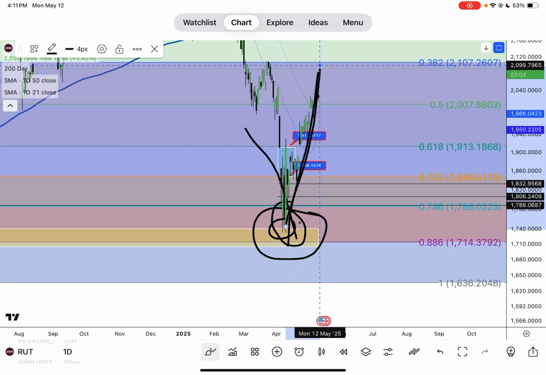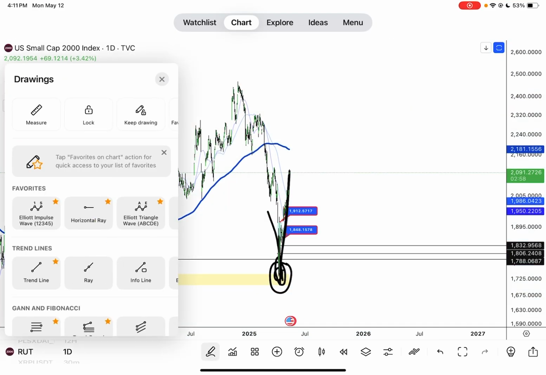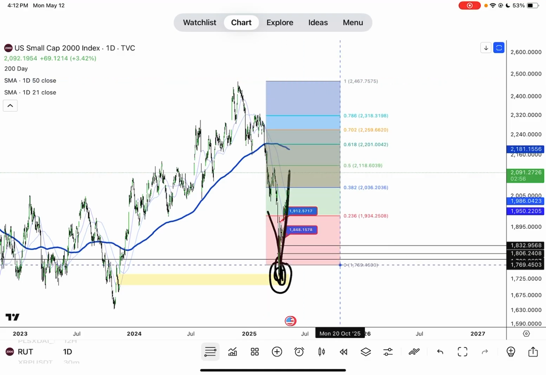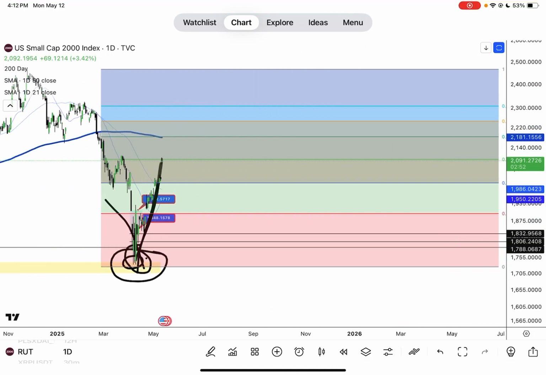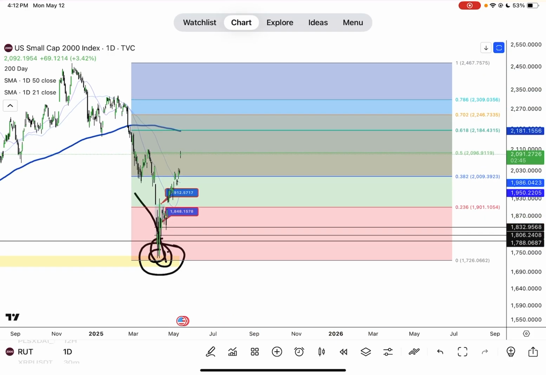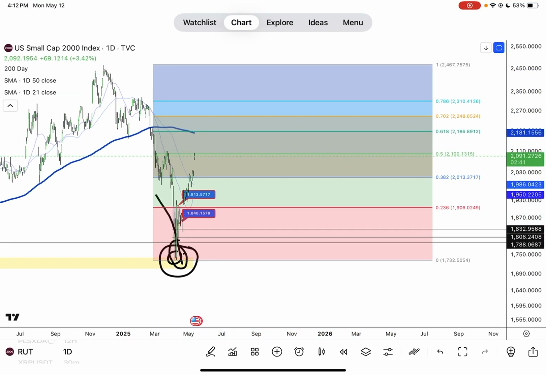And then you see a pop up right here. So now the current overhead resistance is, of course, the 200-day moving average, considering we're still under it. But yeah, it's this 50% fib and 618 for now.